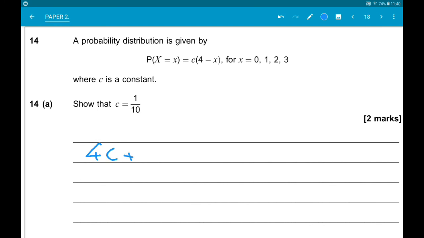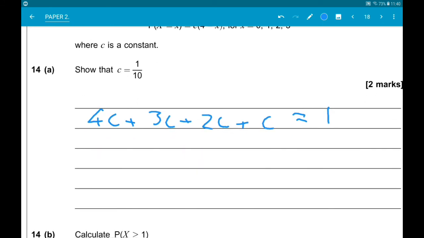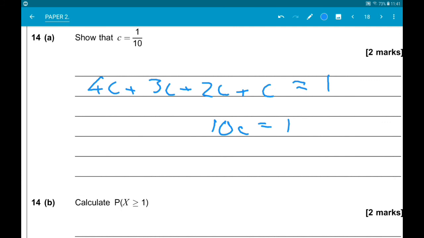When x is 1, we get 3c. When x is 2, we get 2c. When x is 3, we get 1c. Now those are all the possible probabilities. They add up to 1. So on the left we have 10c. Therefore, c is indeed 1/10.